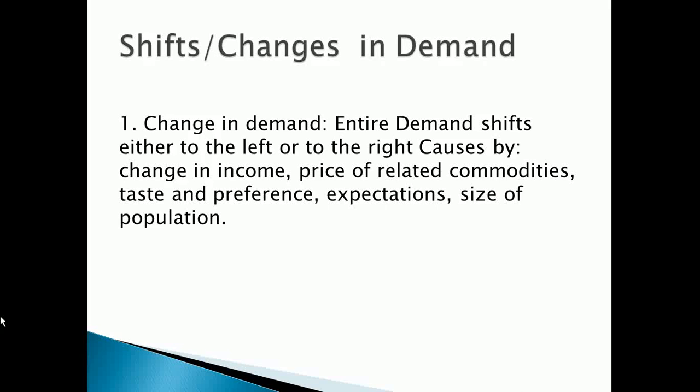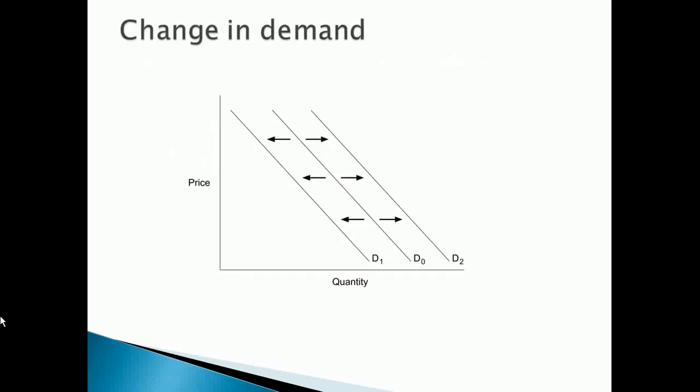This is a typical example of a leftward shift, showing the arrow moving leftward or inward, and then a rightward shift, showing the arrow pointing to the right or outward. So an increase in student allowance will shift the curve from D0 to D2, which is an increase in demand. But if there is a decrease in allowance from 5,000 to 1,000, then an individual will not have enough to purchase. So level of income can affect change in demand.